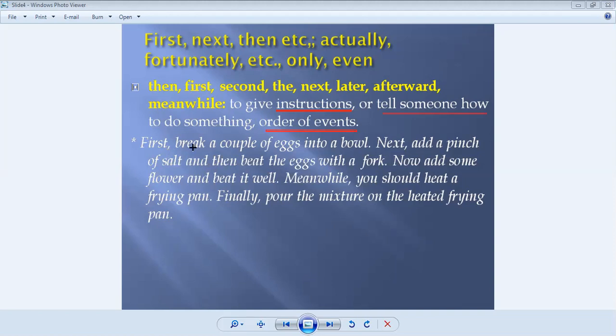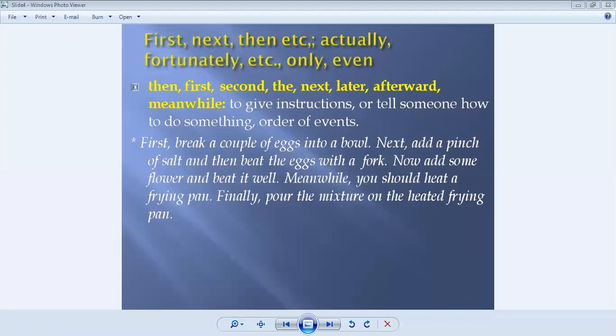Some of you mixed it. Remember? So next, you're going to add salt. And then beat the eggs. Now, add some flour. Beat it with... Now, the flour, you mean that, not the flour word here, a mistake here. It should be all of them.